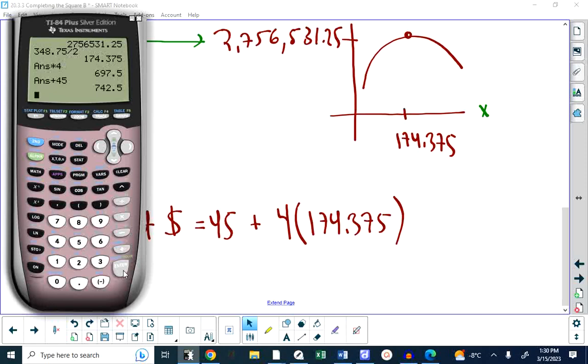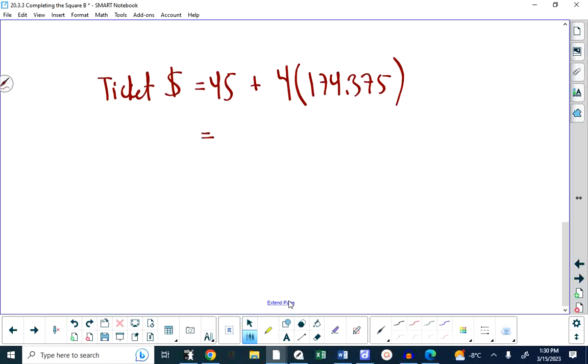This is the optimal ticket price. In order for them to make as much money as possible, they need to sell tickets for $742 and 50 cents.